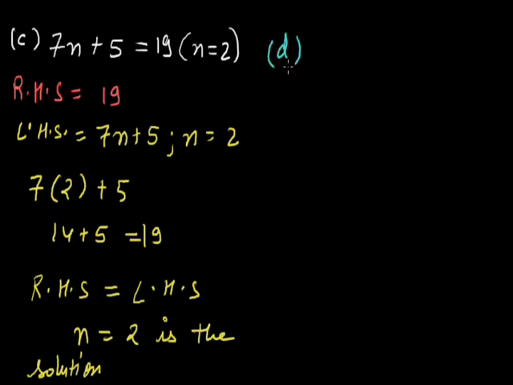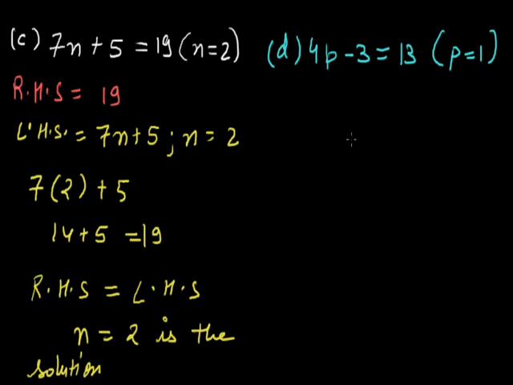Now the D part is 4p minus 3 is equal to 13 at p is equal to 1.